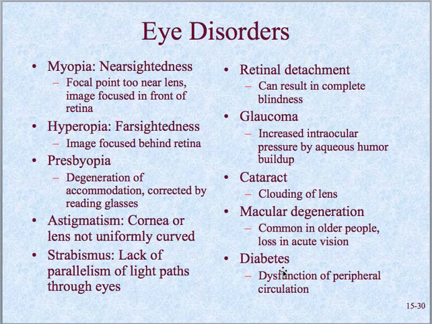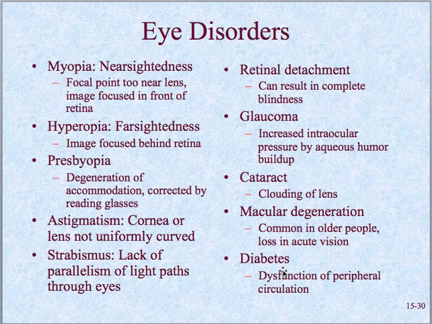The cornea or lens are not uniformly curved, or strabismus, thus lack of parallelism of light pathways through the eyes. Glaucoma, that's increase in intraocular pressure by aqueous humor buildup, cataracts, that's clouding of the lens.